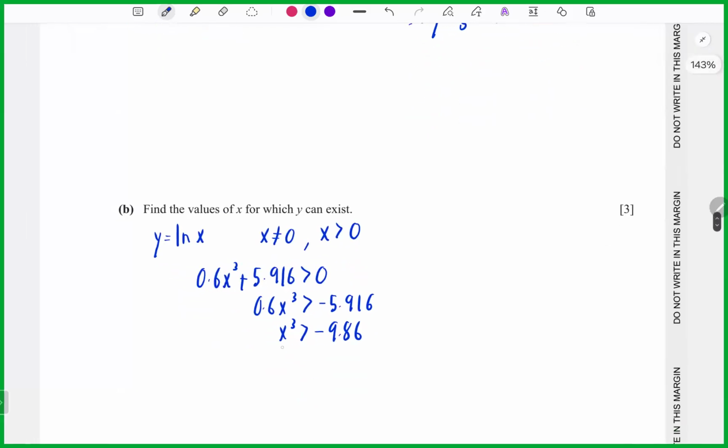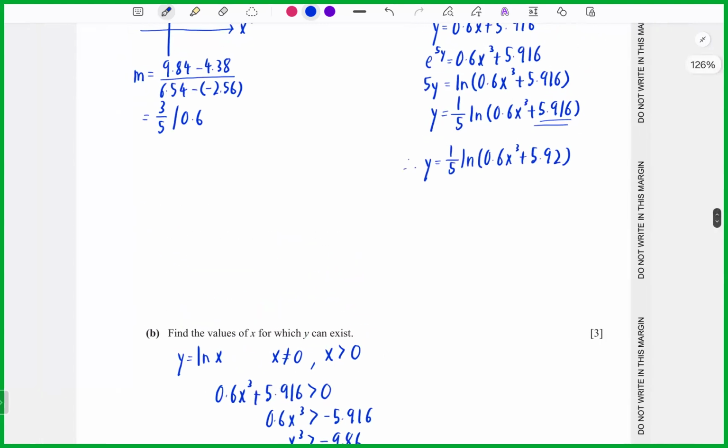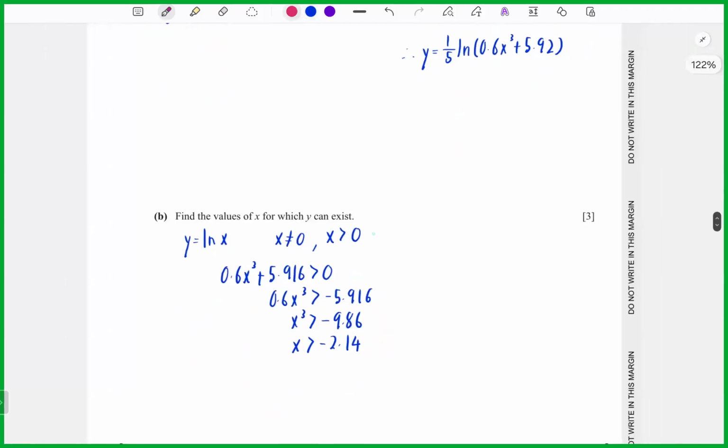Because here it is x cubed, you can directly take the cube root and you will get negative 2.14. This is your final answer. It means x should be more than negative 2.14, so for this function the values can exist. Please remember this part, the properties of logarithms.